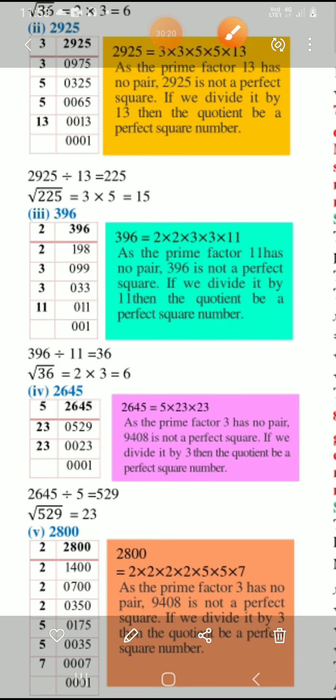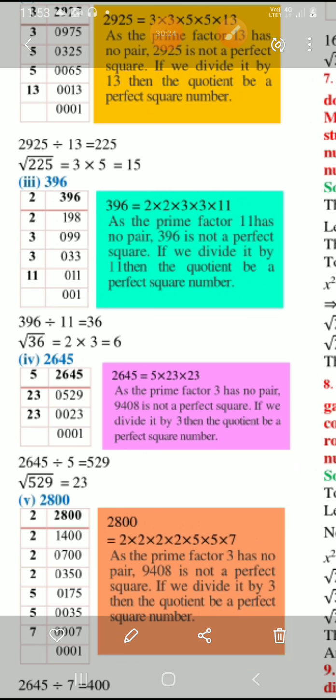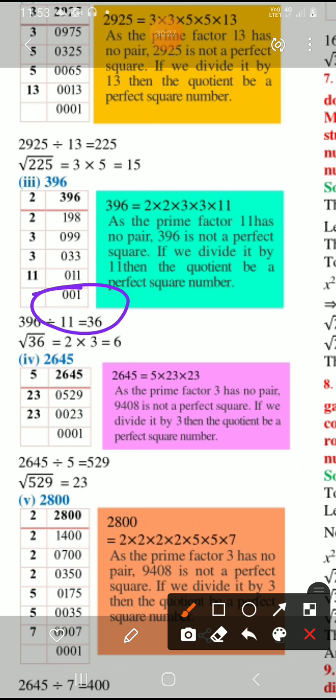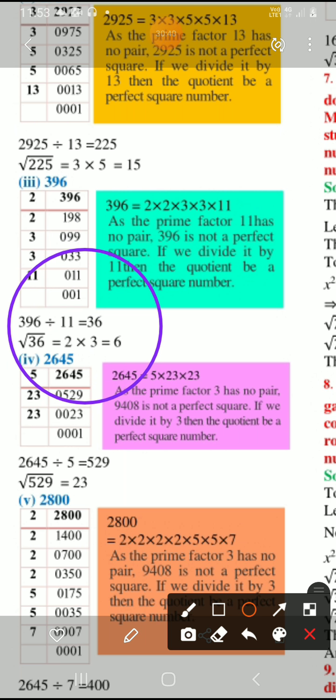In the same way, 396: the last number comes as 11. Okay, so we must divide it by 11. As you can see here, we must divide it by 11. Got it? You can see here, children, we must divide it by 11. In this portion, 396 is divided by 11, and it comes as 36.